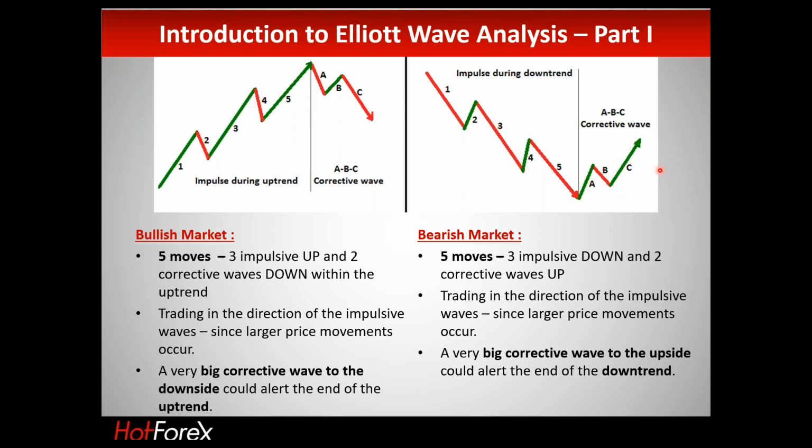So the C should be a big one. If you see a big up wave that is as big as the prior down wave, then we conclude that the downtrend has reached an end, and we might have to look for buying opportunities if we have seen this sharp, very big, strong candle to the upside.